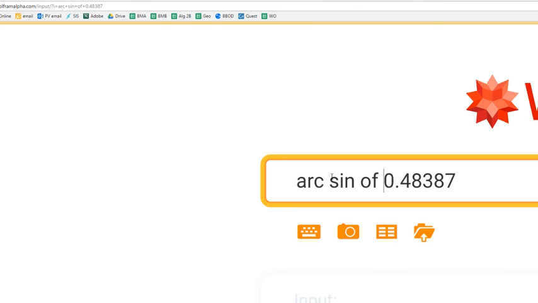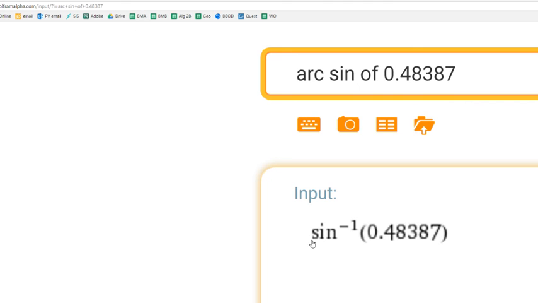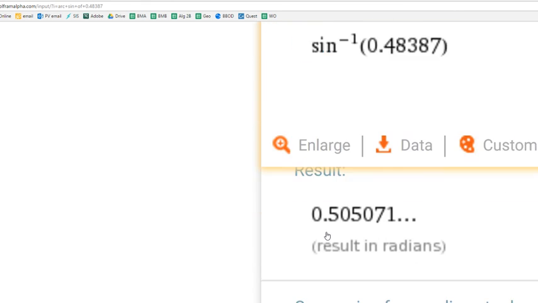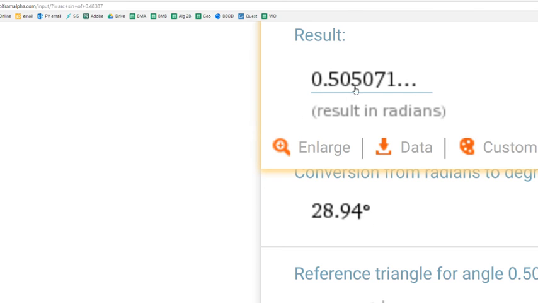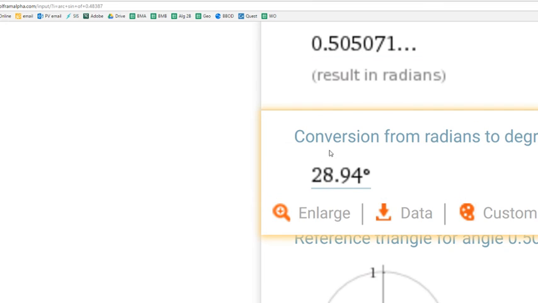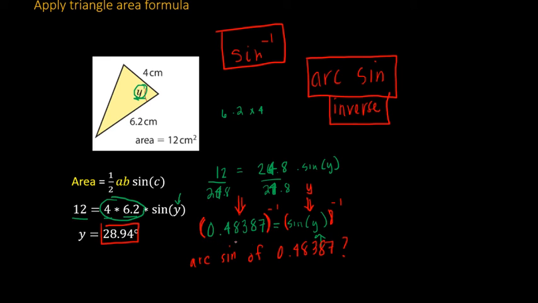It's kind of like the math version of Google. And you can see if I scroll down, my input is inverse sine, arc sine, of that quantity. I scroll down and it tells me the result in radians. So if you get this answer, 0.50571, that means your calculator is set to radians. You need to set it to degrees. The answer we're looking for in degrees is 28.94, which agrees with what I had here.